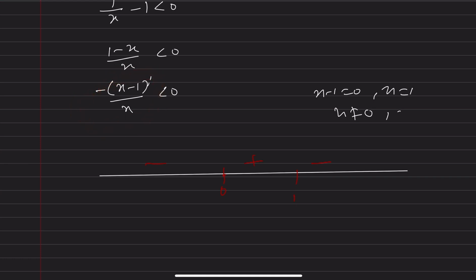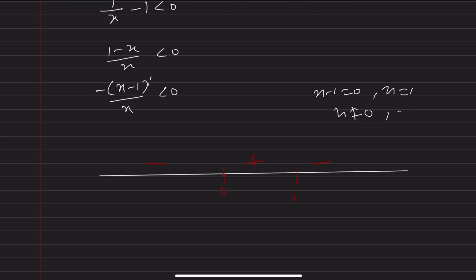And if you take a value between 0 and 1, it gives you a positive value, since there is a negative sign already. But if you take all the numbers which are less than 0, it also gives you a negative value.